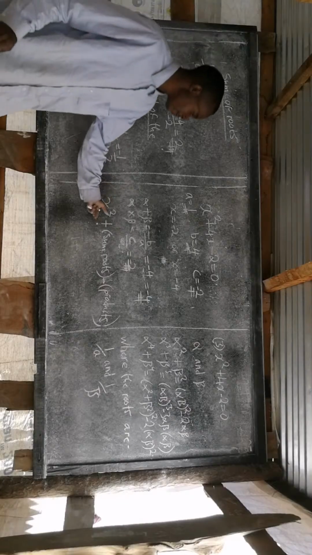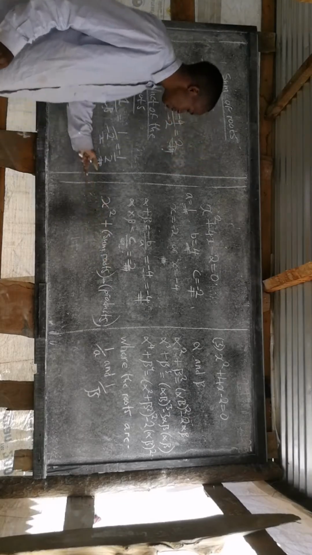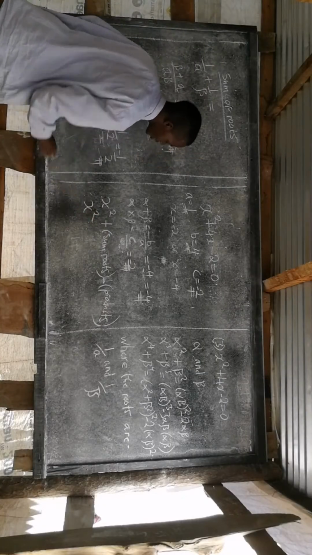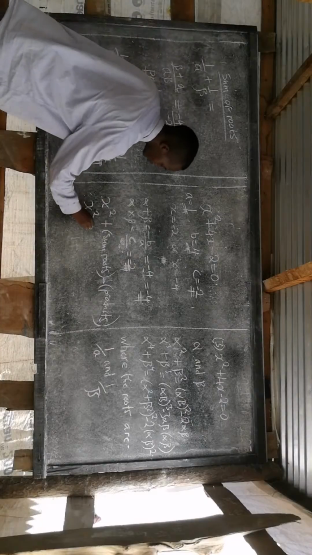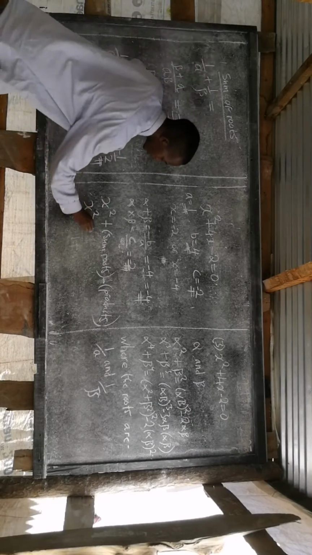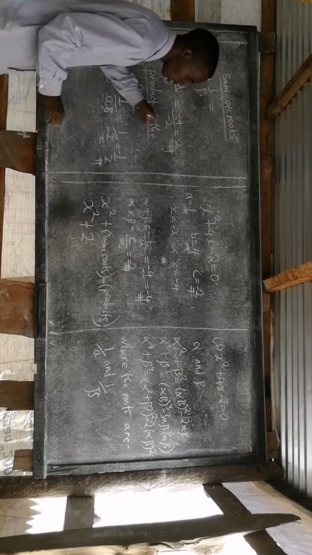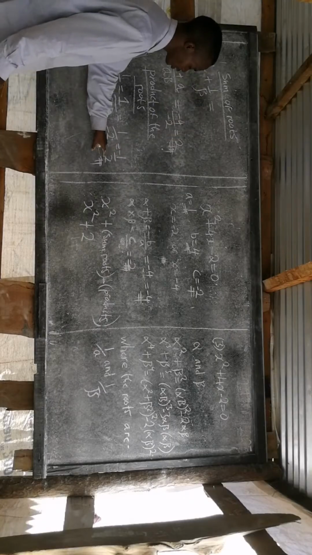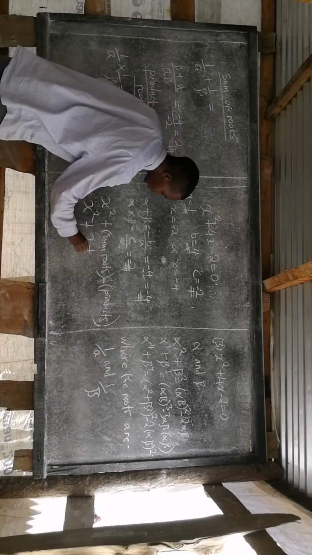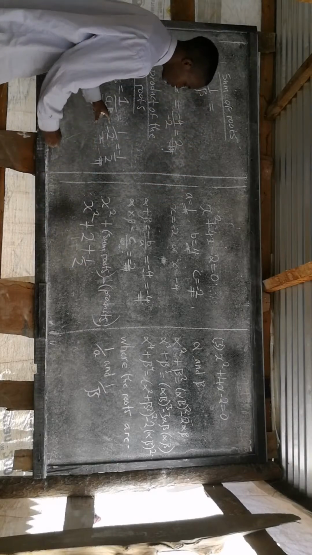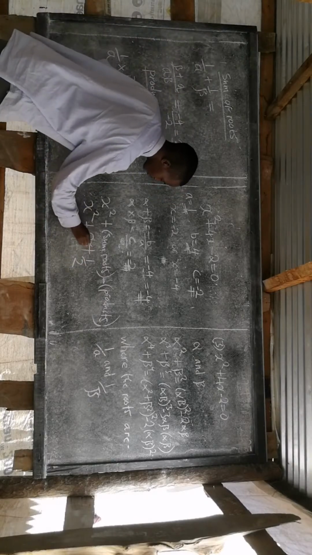Now we just replace here in the formula. We write x squared plus the sum, which you have calculated as 2. What is the product? It is negative 1 over 2, so it will be plus 1 over 2. Now the sum should have x.